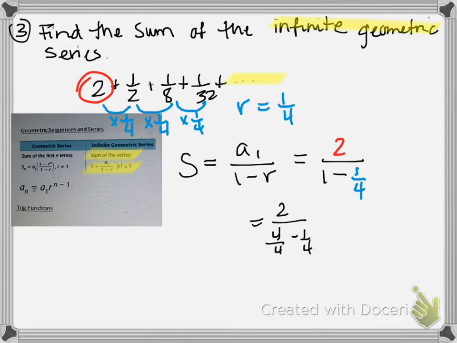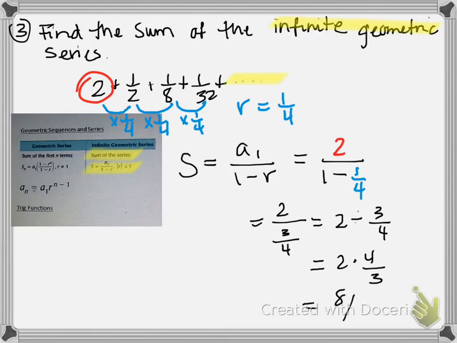That's just 3/4. Now I have to think of this as 2 divided by 3/4, which gives me 2 times 4/3, which equals 8/3. So the sum of this series is 8/3.